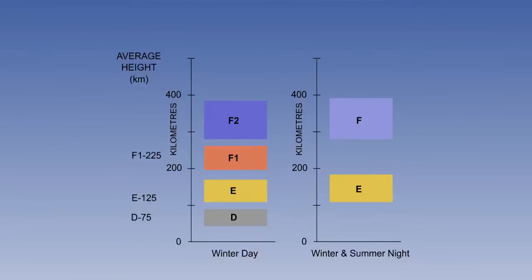These layers refract radio waves back to Earth. At night, layer D disappears, layer E almost disappears, and layers F1 and F2 combine.